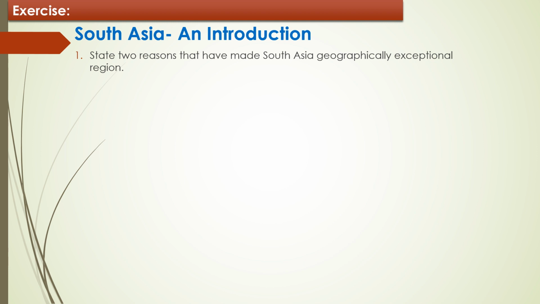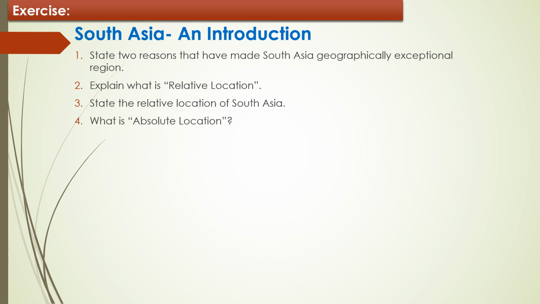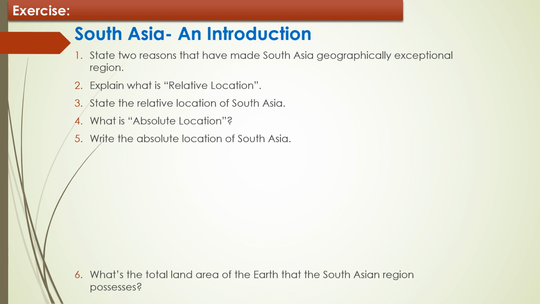So you need to mention the significance of South Asian region. Second one, explain what is relative location. So you need to write the definition for it. And the third one is state the relative location of South Asia. Fourth one, what is absolute location? The fifth, write the absolute location of South Asia.